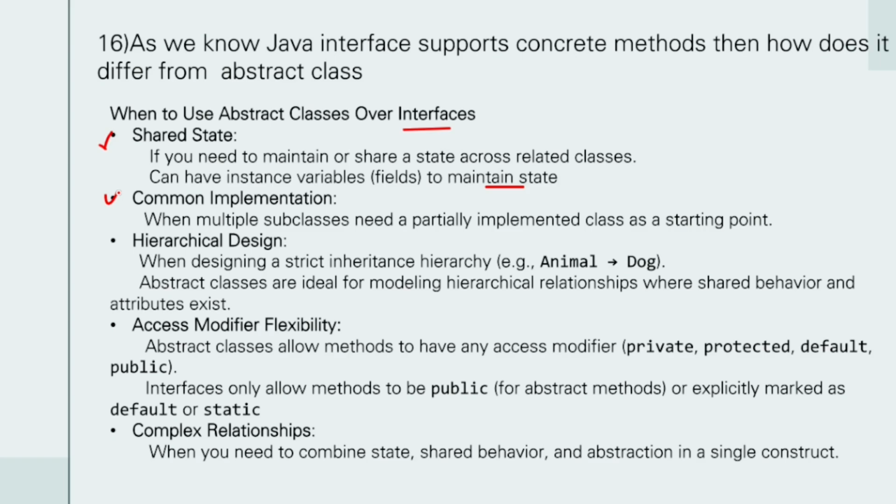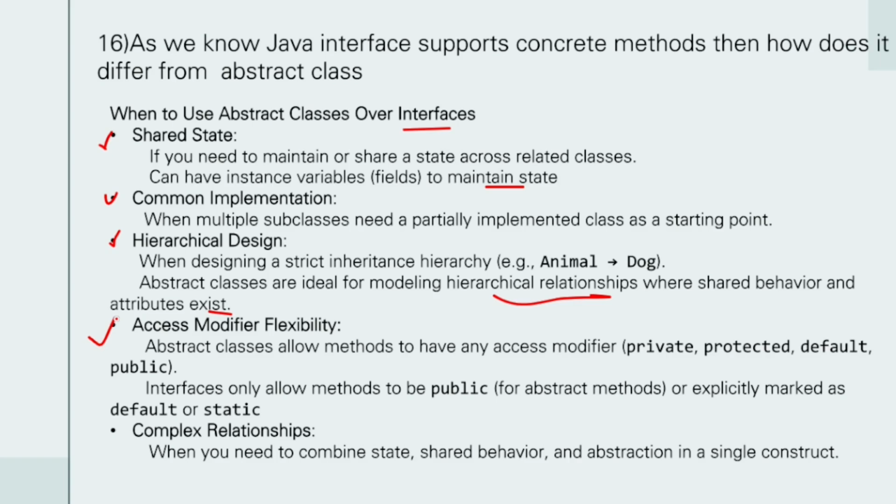Third point, hierarchical design. When designing a strict inheritance hierarchy, like animal is a parent and animal is inherited by a dog, or any kind of animal like cat, dog, lion, tiger, abstract classes are ideal for modeling hierarchical relationships where shared behavior and attributes exist. Fourth point, access modifier flexibility.